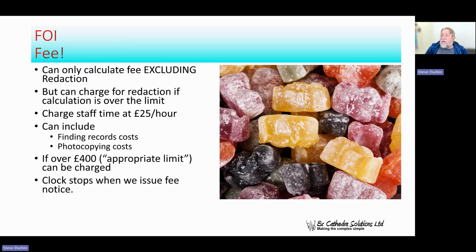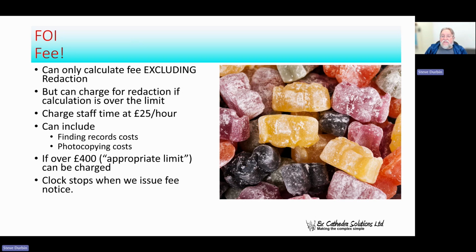Now, calculating the fee. The first thing is you can only calculate the fee excluding redaction. There's an odd reason for that, which I won't go into, but you can charge for redaction if the overall calculation is over the limit. So you have to effectively do two calculations. You can charge staff time at £25 per hour. There's a regulation about that.